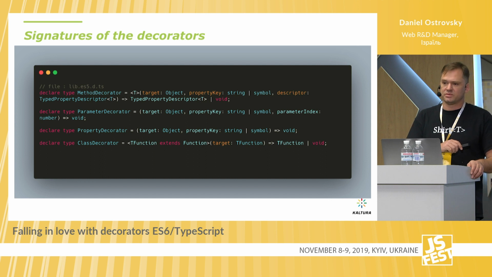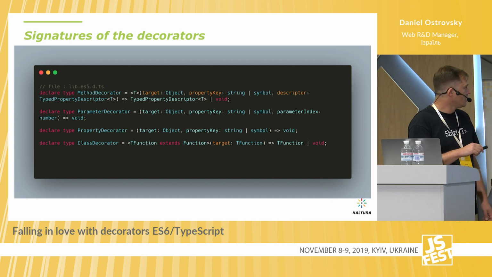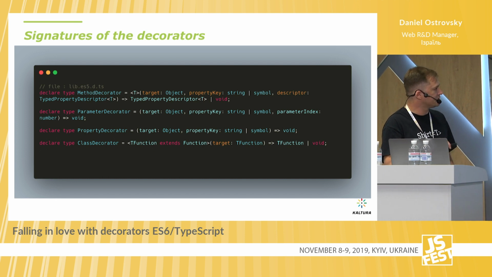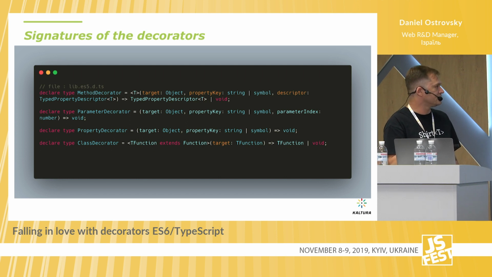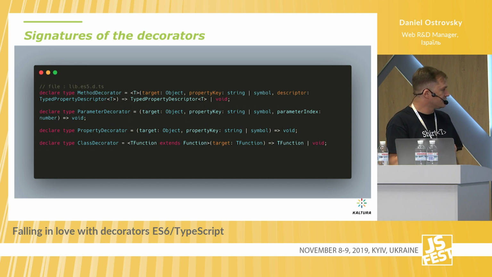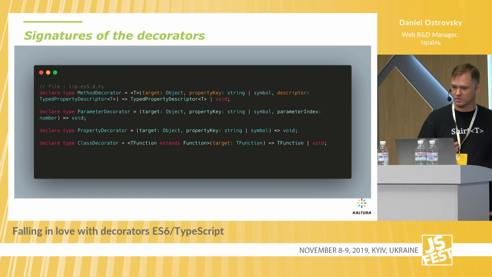This is the signature in TypeScript. A method decorator takes target, property, and descriptor. A parameter decorator accepts target, property, and the parameter index, the number of the index in the method signature. A property decorator accepts only the target and property key. The reason is that the decorator is evaluated during compilation time, and during compilation time we do not have properties on the class. They're just undefined. We will see it later in the examples. And the class decorator accepts only the class. That's it. You don't need anything else.